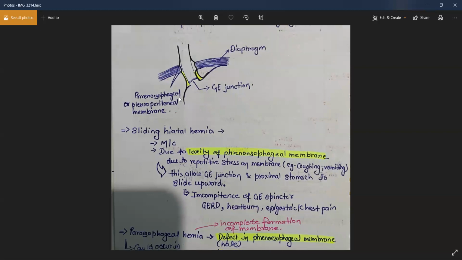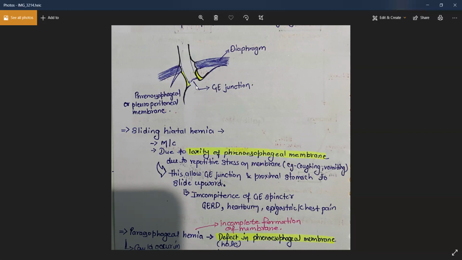So this allows the GE junction, the gastroesophageal junction, to be shifted upwards, and the proximal esophagus with it. Does anyone remember what part of the stomach is present near this esophagus? Fundus. The fundus part is not here. This is the cardia part, the cardia of the stomach.